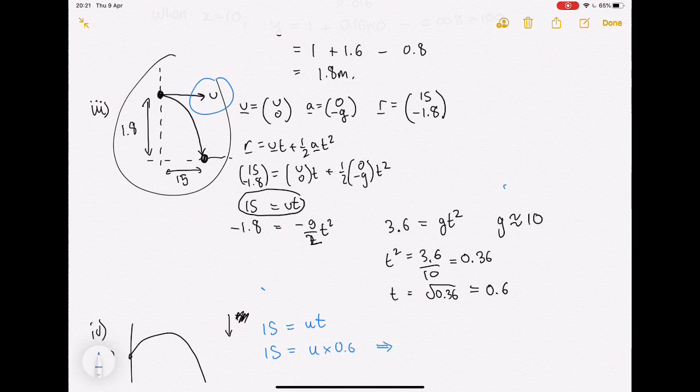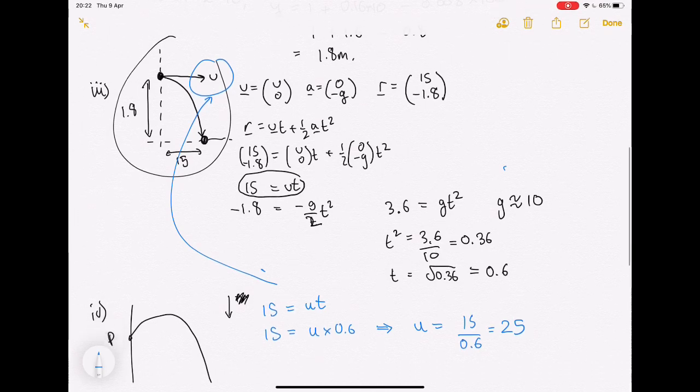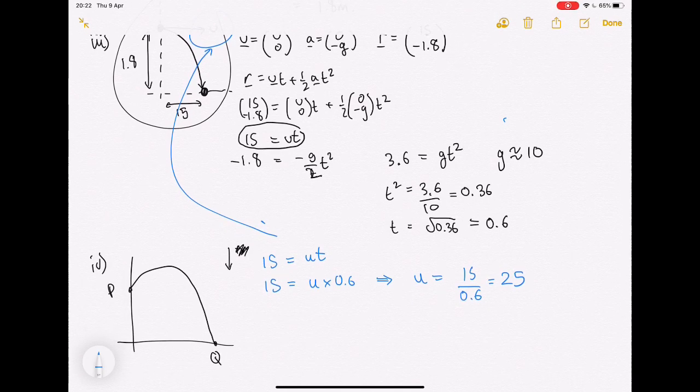So the horizontal component of velocity at the maximum point is 15 divided by 0.6, which is 25. So that horizontal component is 25. But that's going to remain constant throughout because there is no other force acting at all.